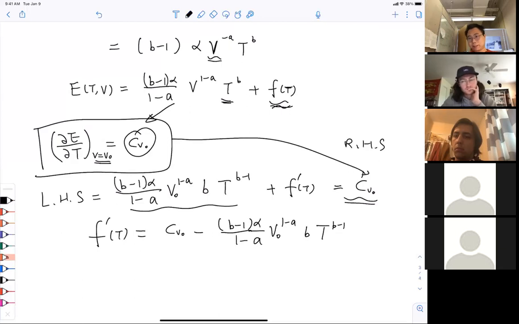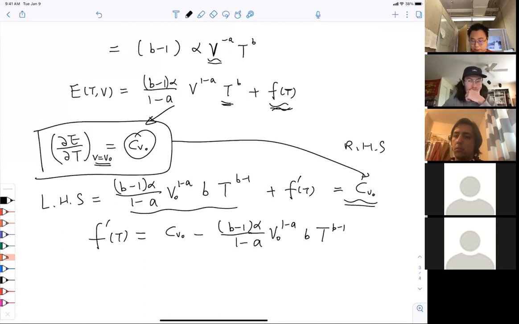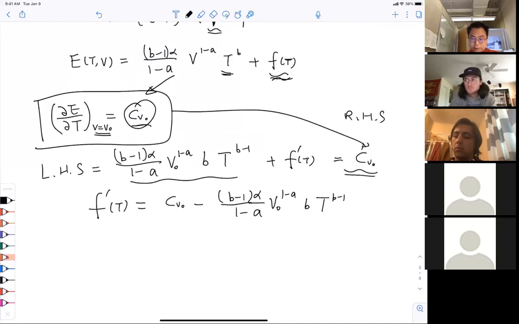Of course, for an ideal gas, it's not. It's just a constant. But in general, it's volume dependent. You don't need to know the exact dependence on volume. You only need it at some specific volume. That's enough for determining this F, as you can see from here.